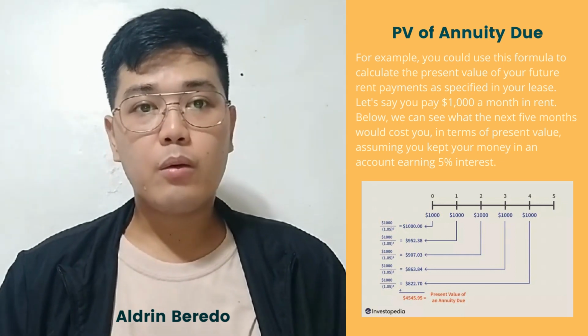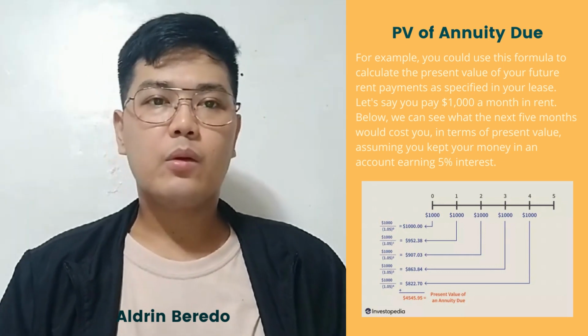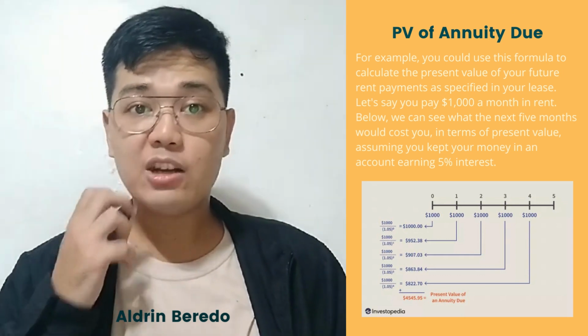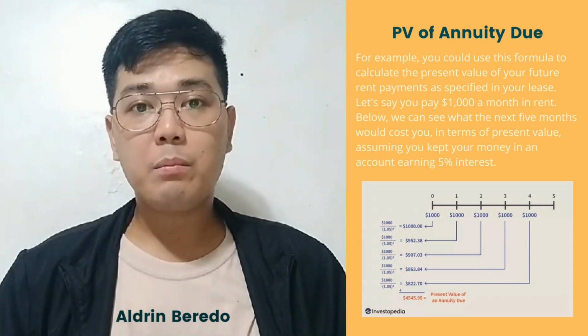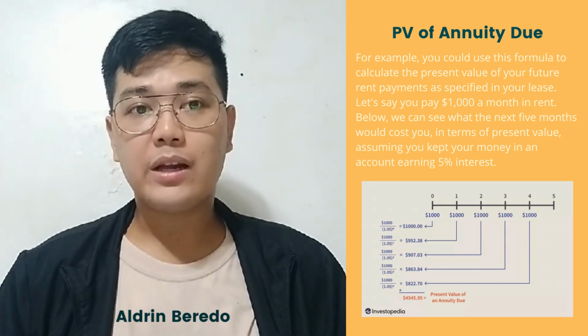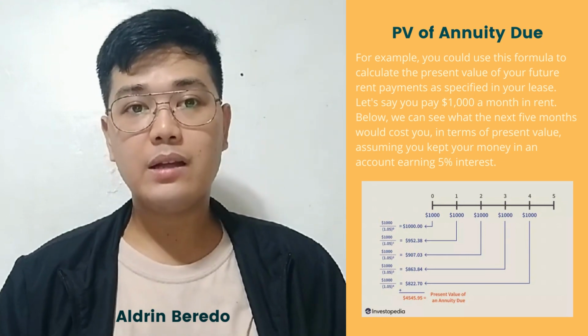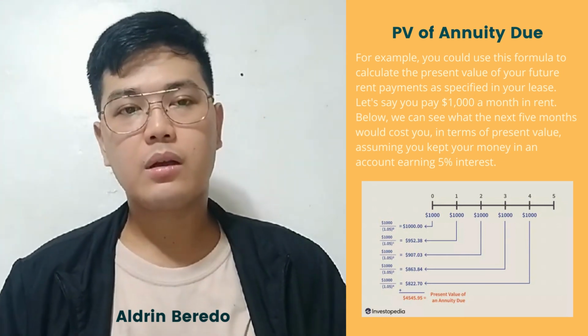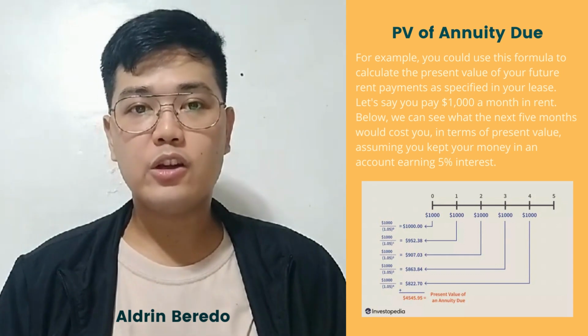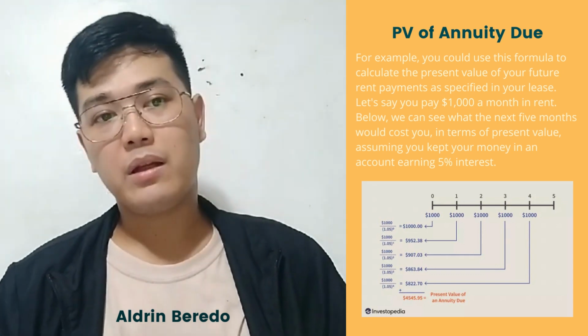Calculating each month will be like this. We need to divide the value of cash by the sum of 1 plus 0.05 interest rate in decimals raised to the power of payment terms. As we can see, the value for each month changed because of the payment terms.